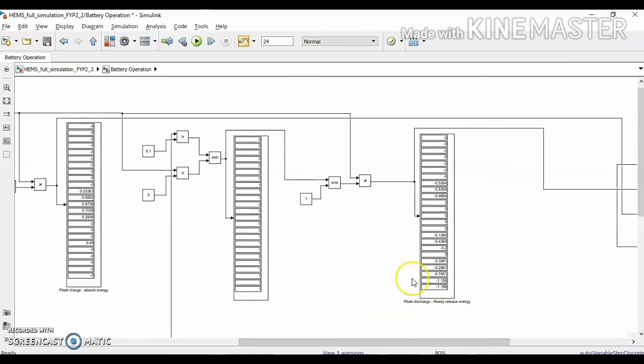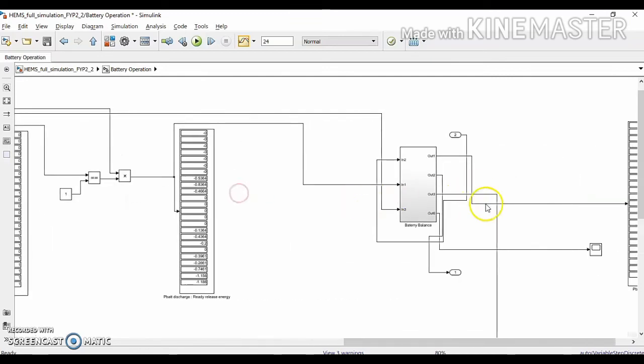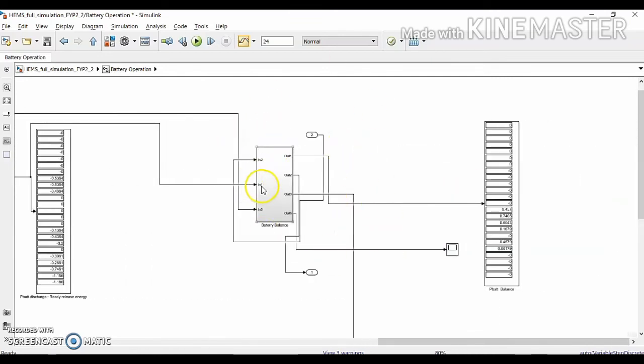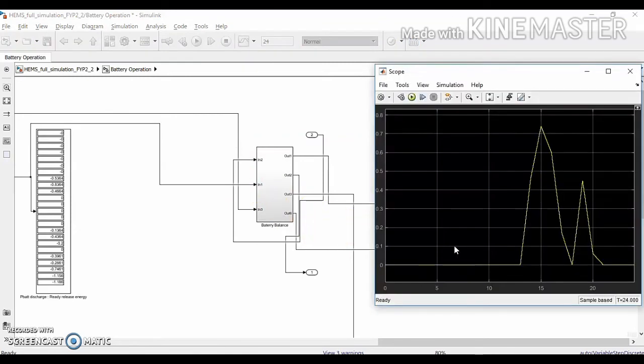This one is battery discharge. We can see the battery was discharged because of a lack of direct renewable energy to the appliances. So this is the battery balance. We can see the battery available balance is at 3 p.m., at 6 p.m., and at 4 p.m.